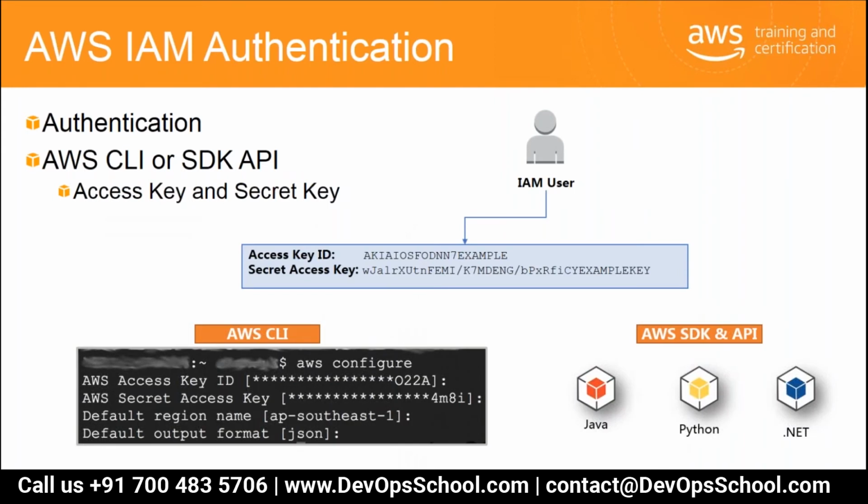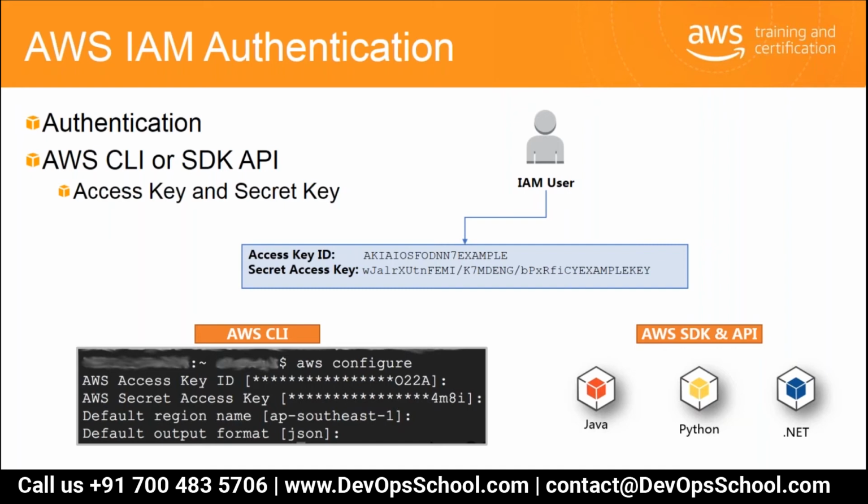So how does IAM authentication happen? In the earlier slide, we saw the AWS Management Console. In this slide, we are talking about CLI authentication. CLI is also used for controlling your AWS services. If you want to use CLI, you have to generate programmatic access.